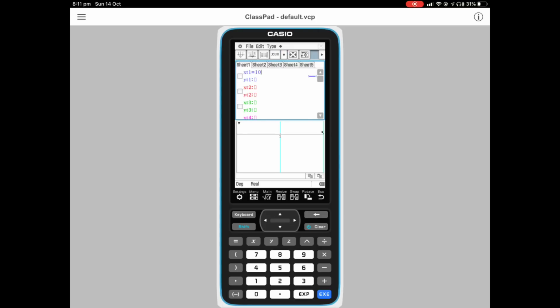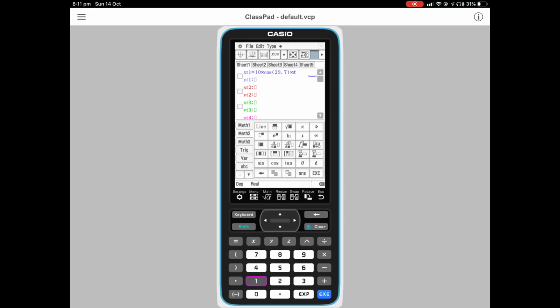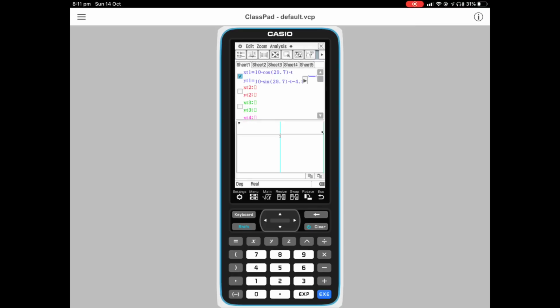So 10 times cos 29.7 times t, and then 10 times sine 29.7 times t minus 4.9 t squared.